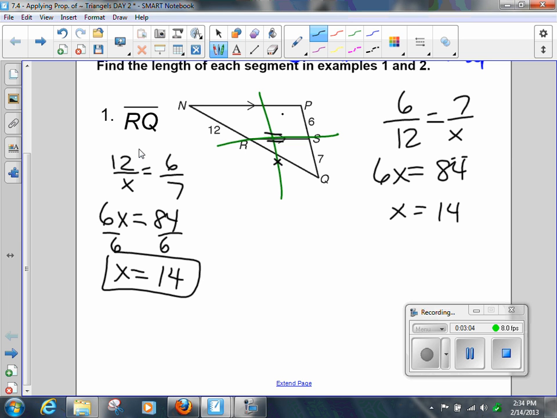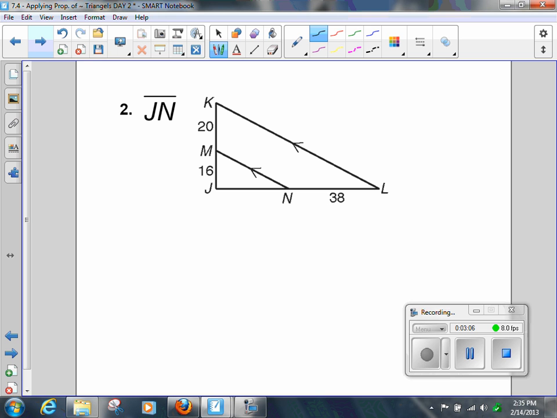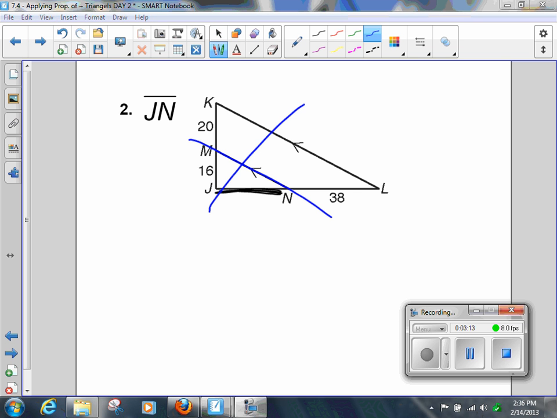Okay? Look at the next one. Do this one for me real fast. You have to find JN. That piece right there. Do that. How do we do this? 20 over 16 is equal to 38 over... No. Look.